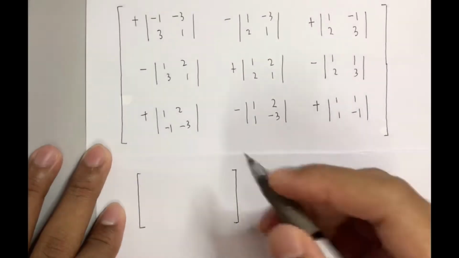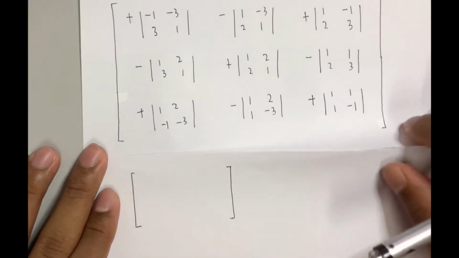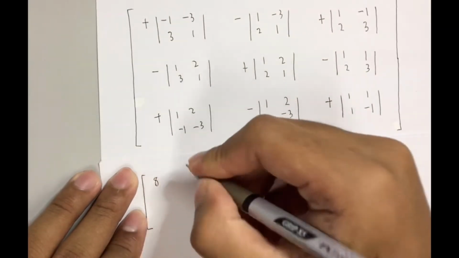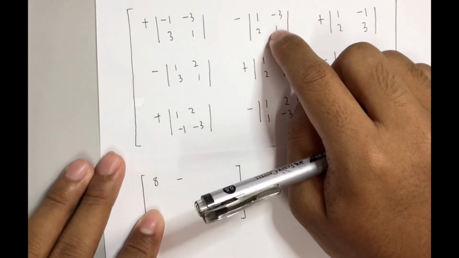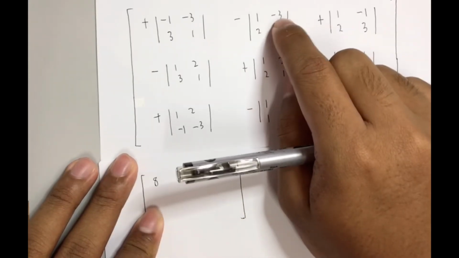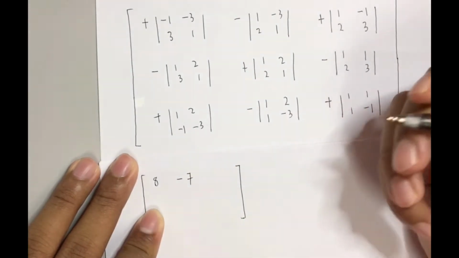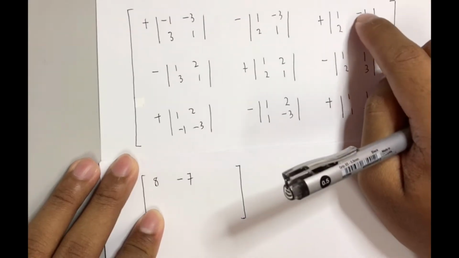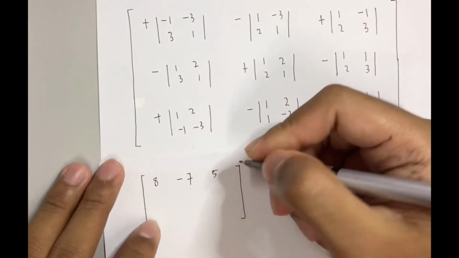Then you calculate negative 1 times 1 minus negative 3 times 3 equals 8, minus 1 times 1 minus negative 3 times 2 equals negative 7. Then 3 times 1 minus negative 1 times 2 equals 5.